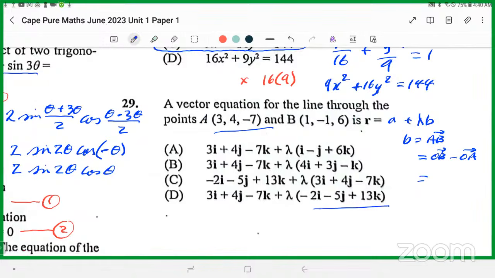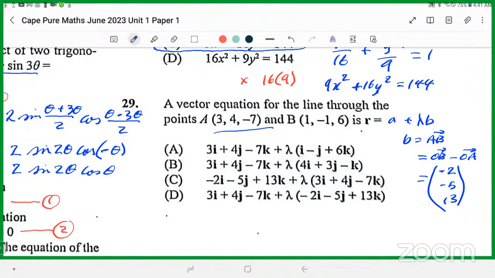Okay, this is the answer in the last one. Because 1 minus 3 is negative 2. Negative 2 is written as a column vector. And then minus 1 minus 4 is negative 5. And then 6 minus a negative 7 becomes 6 plus 7 is 13. That is b.